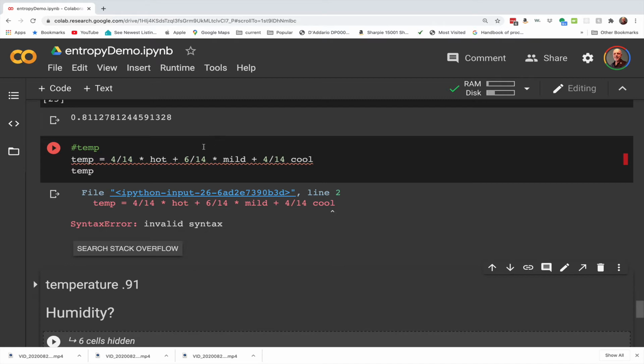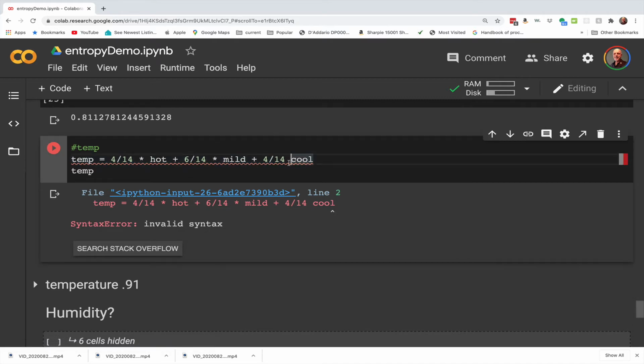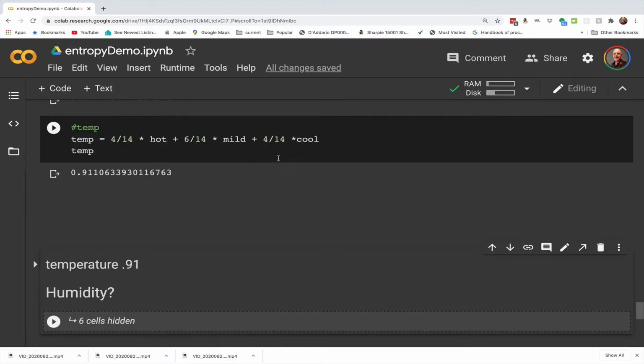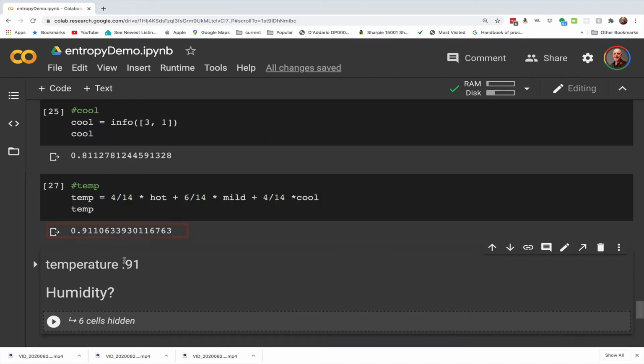Oh, I missed the multiplication symbol. So the entropy of that whole temperature question was 0.91. So if I had to choose between temperature and outlook, outlook was, I think, something like 0.69. That's a much better question to ask initially than, hey, what's the temperature?